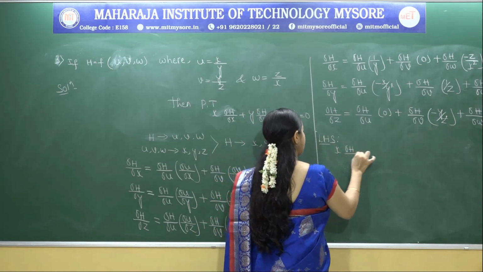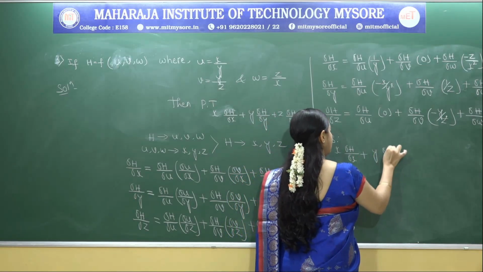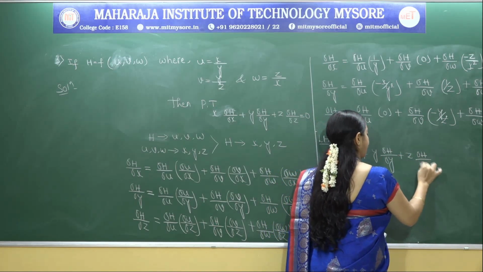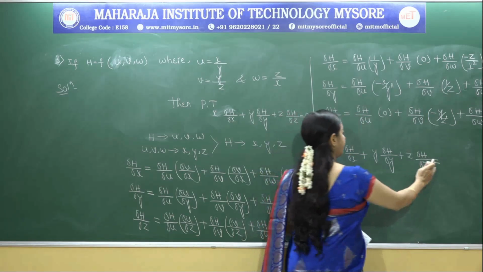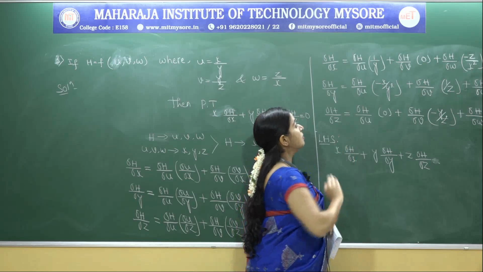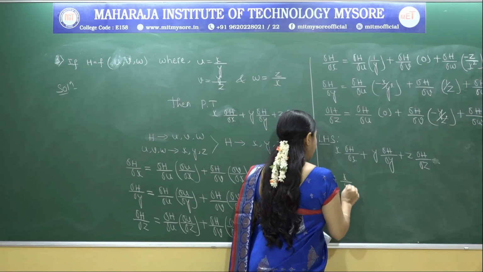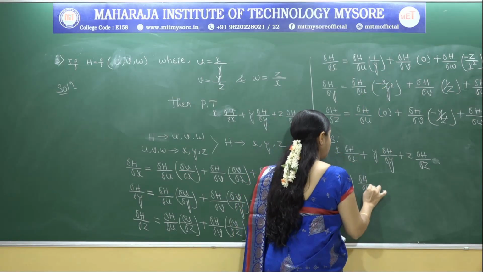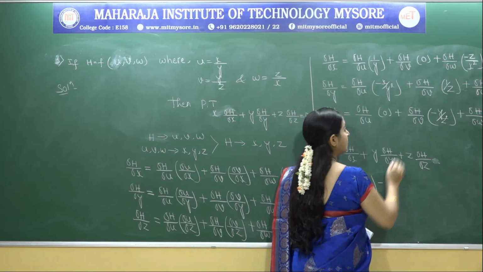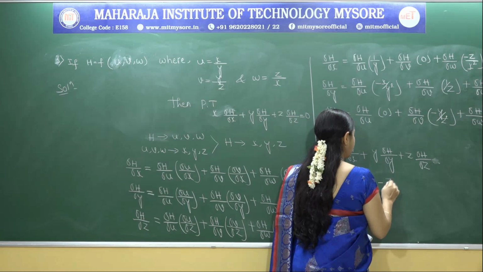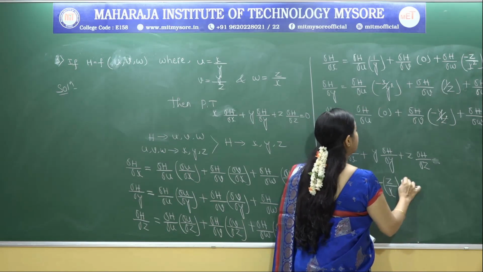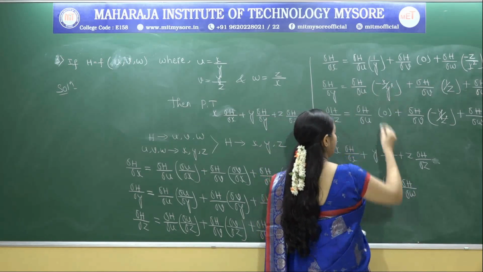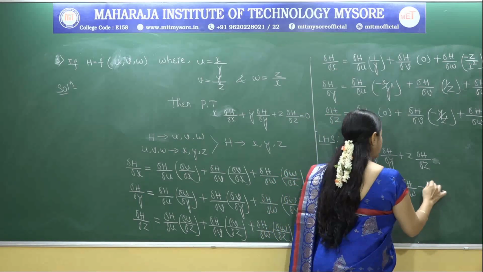So X into del H divided by del X, Y del H divided by del Y, Z del H divided by del Z. This equals, I write it here, first term multiplication of X, you will get the X by Y, you already have the Y term, X by Y, del H divided by del U, second part is 0, next term multiplication of X, you have the X square already, minus Z by X, 1 X gets cancelled, del H divided by del W.